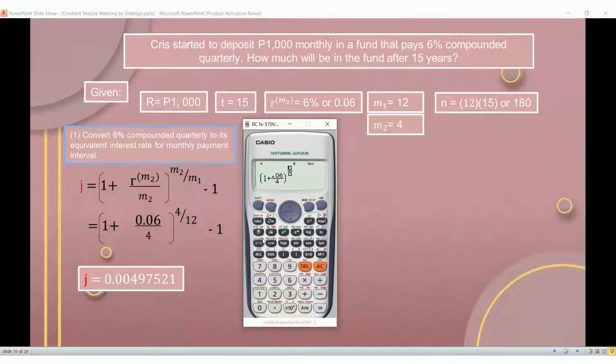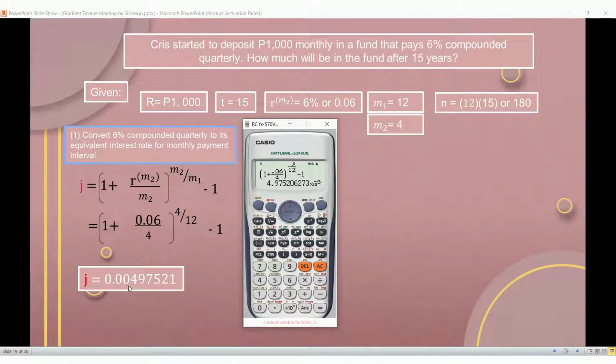Raised to 4 over 12, minus 1. So makuha natin sagot ay, move lang natin ng 3 times ang decimal points sa left side.